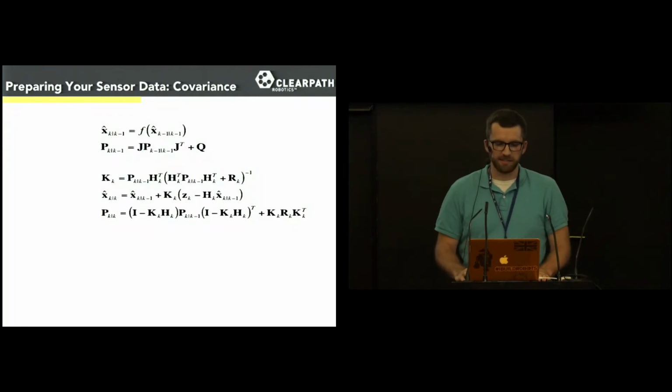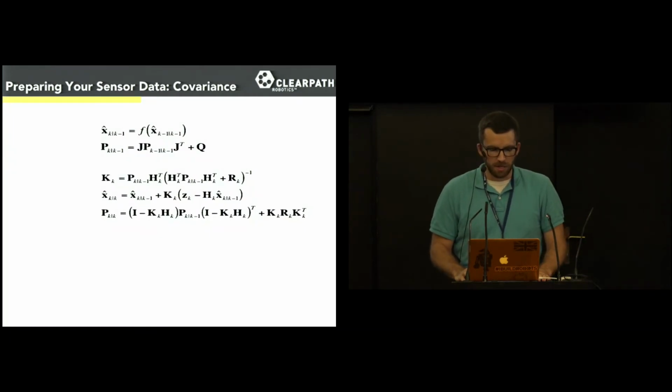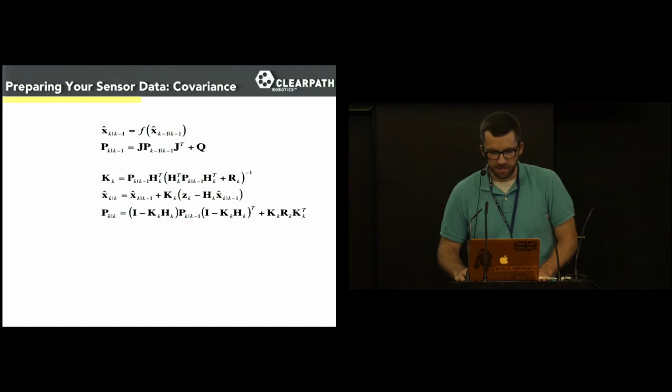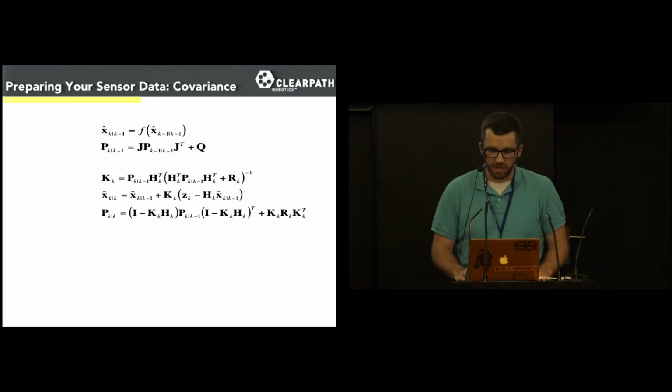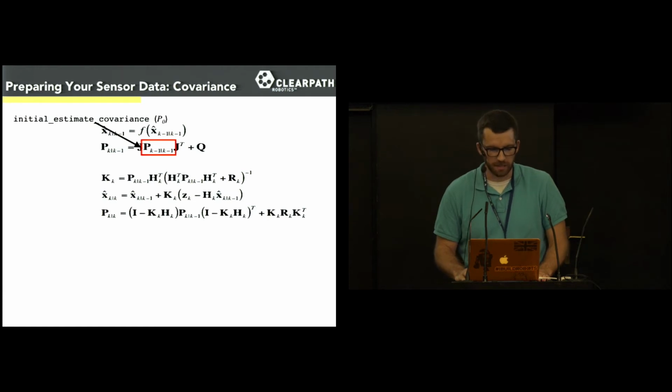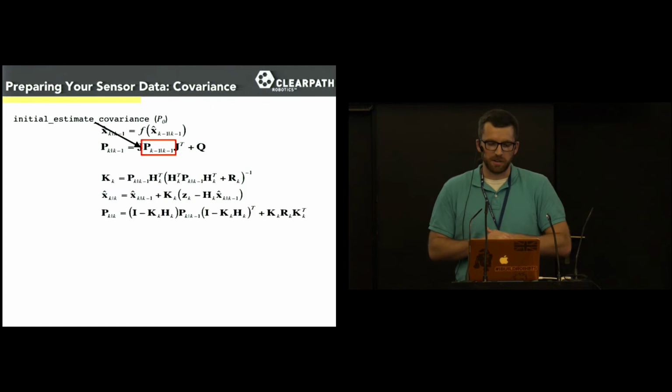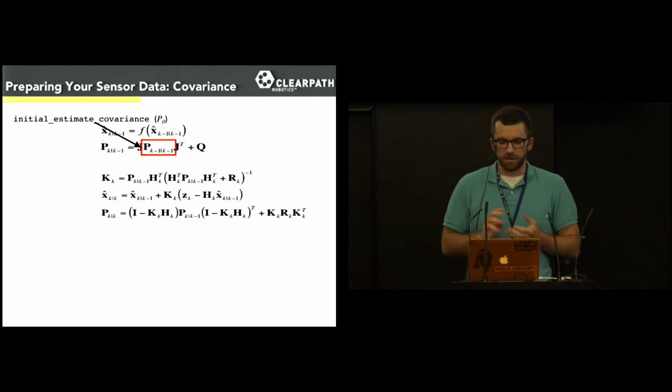Okay, gratuitous math slide. This is the standard formulation for an EKF. People who are familiar with it will no doubt pick out the differences very quickly. I just wanted to point out a few things specifically about covariance matrices here. The first one is that there are three different key ones that you can specify.